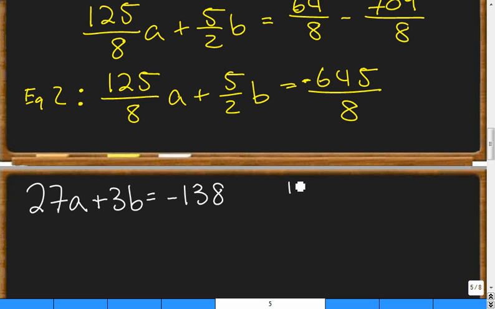And then we also have 125 over 8 A plus 5 halves B equals negative 645 over 8. So we need to put these two equations together in order to solve these.